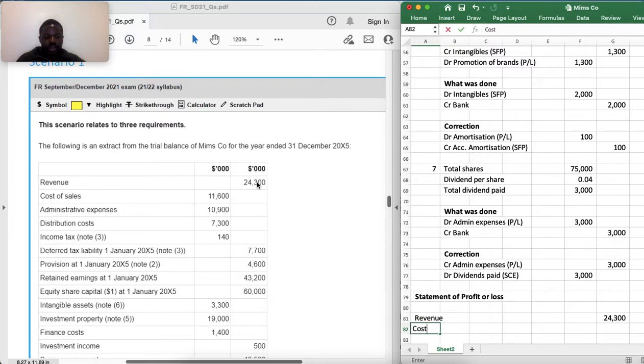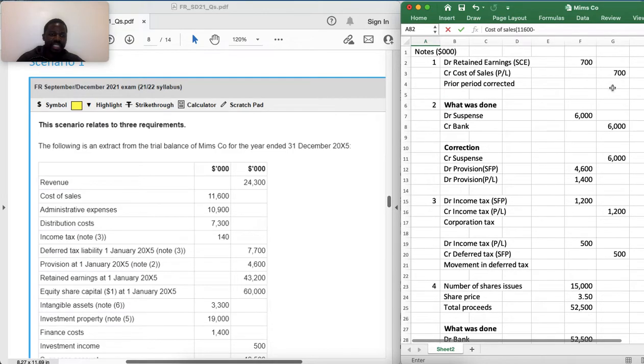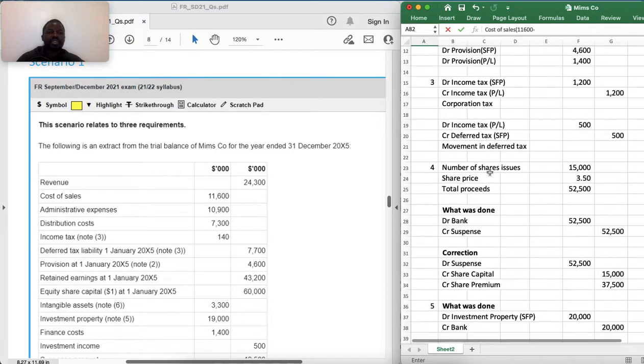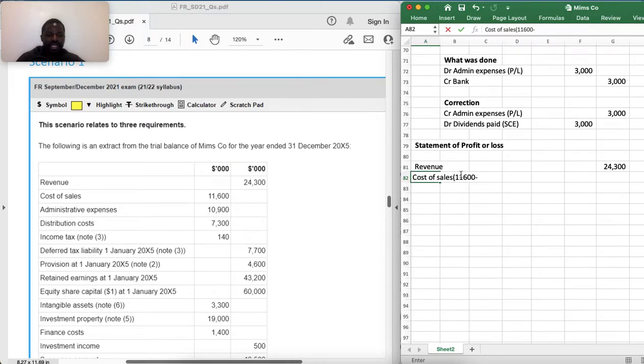We have got cost of sales. The cost of sales, we are given the figure here 11,600, but we did adjust the cost of sales in our first journal here, where we said we will credit the cost of sales by 700. So come here and say less 700, like that.